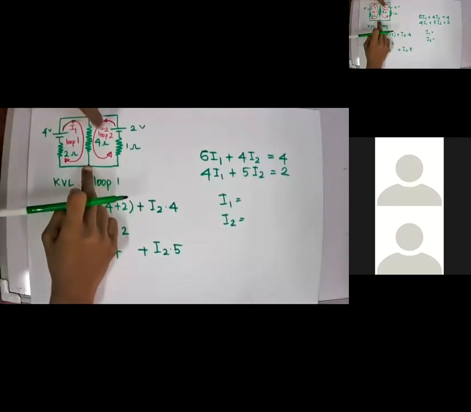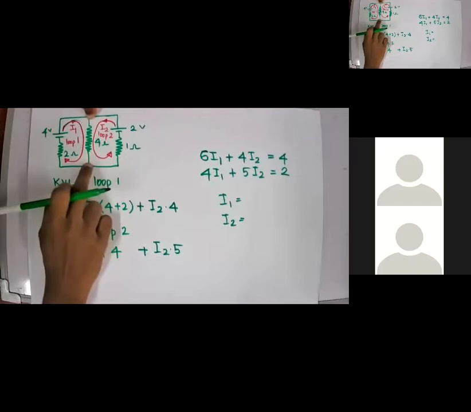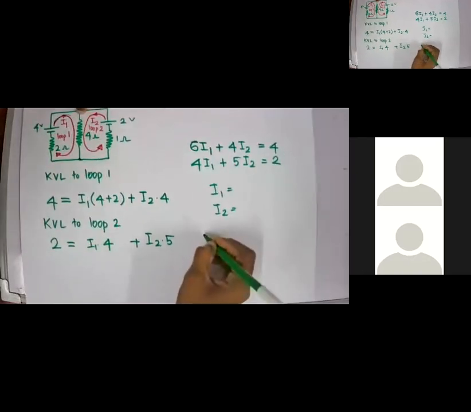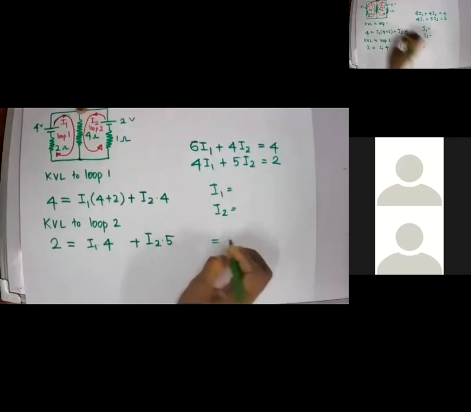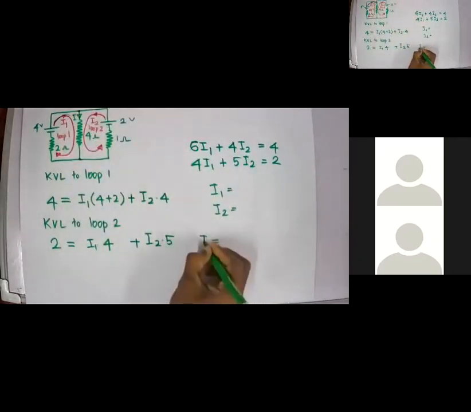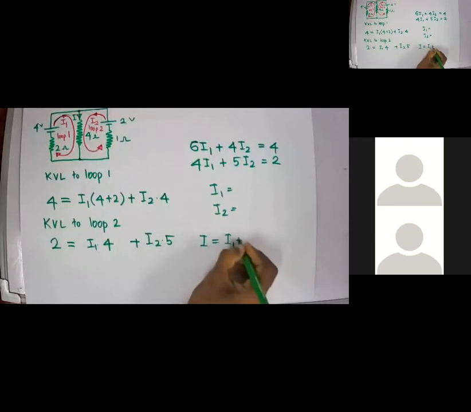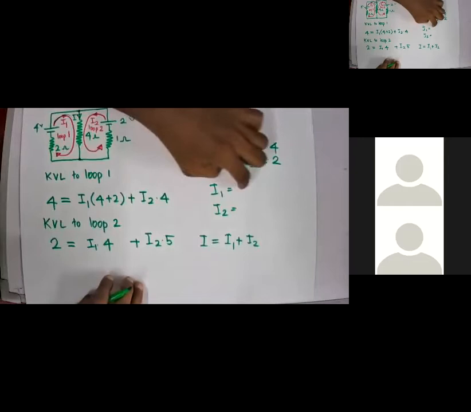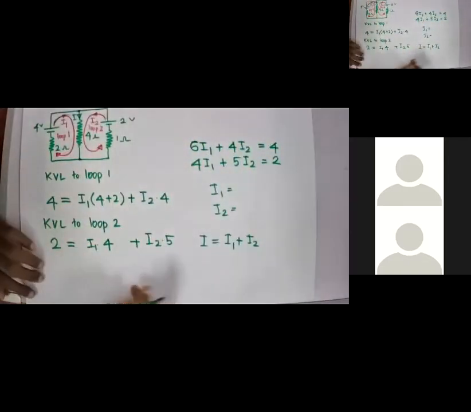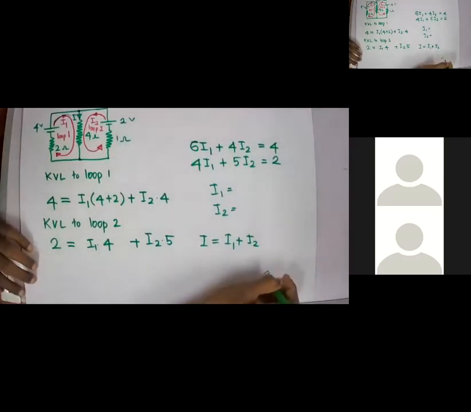Remember, when the question is to calculate the current through the 4 ohm resistor, if the current through 4 ohm is marked as I, then I equals I1 plus I2. Clear? So you need to calculate I1 and I2, and then add them together to give the final answer. Can you please solve this one?